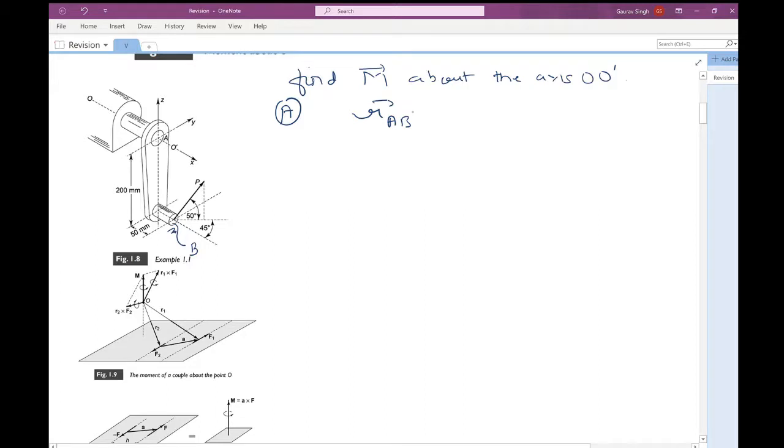So the moment of force P about point A is given by this value.